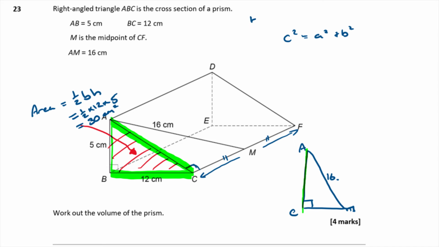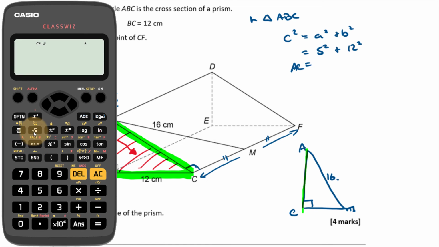So this is in triangle ABC. So then that is equal to 5 squared plus 12 squared, which is then AC. That's what I'm trying to find, isn't it? That's AC. It's going to be the root of that then.